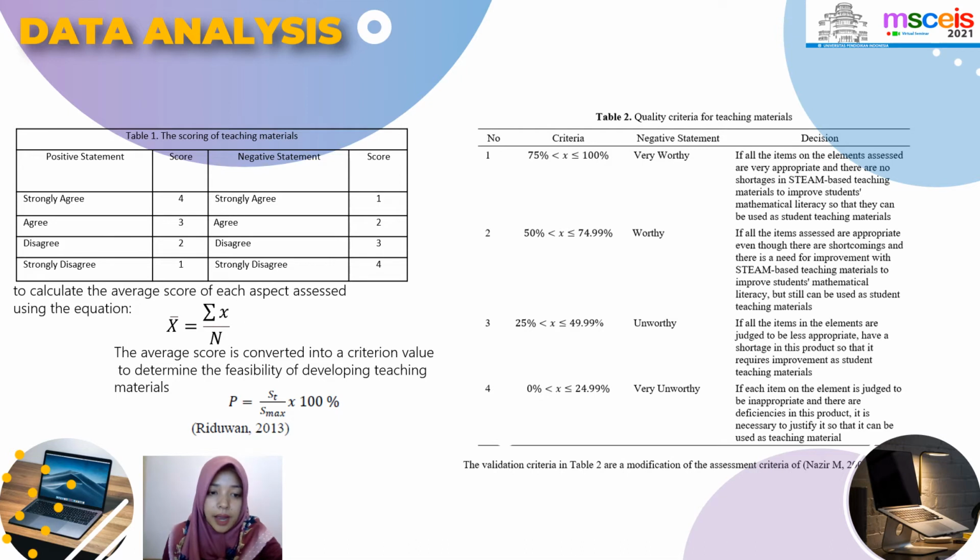And then the average score is converted into a criterion value to determine the feasibility of the developed teaching material. P is equal to the response score over the maximum score multiplied by 100%. And then you can convert it using the description in table 2, quality criteria for teaching material.